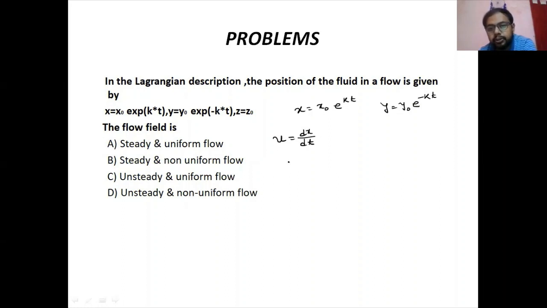If you do the differentiation, it comes k x0 e to the power kt, which is nothing but k into x.